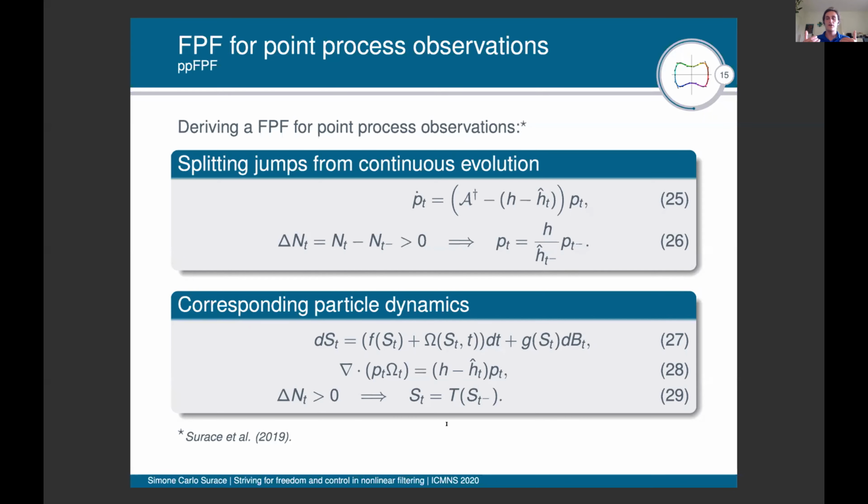So if you have colored or fractional Brownian motion noise or Levy process noise or whatever you want in the hidden dynamics, those would also be put into the particle dynamics. But the important question is always how to choose the correction or feedback term in order to track the posterior distribution. So that's still an issue, but it could certainly be generalized to other types of signal noise.